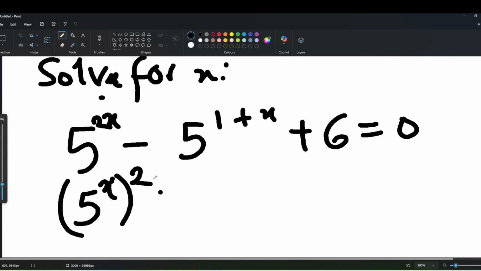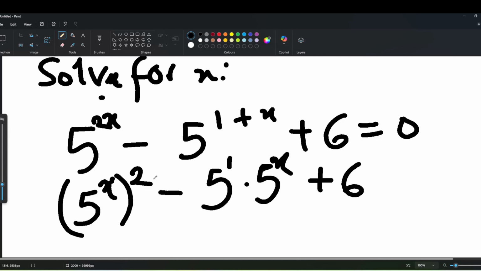5 raised to power 1 according to the law of indices times 5 raised to power x, right? Plus 6 equals 0.